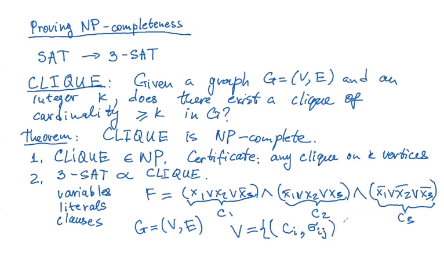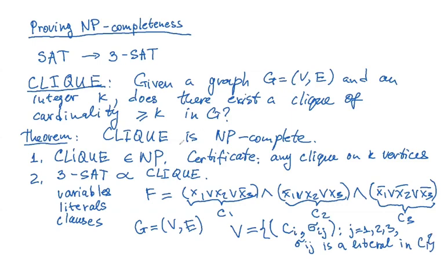And what are the sigmas? First of all, j goes between 1 and 3, right? So j is 1, 2, 3. And sigma ij is a literal in the clause Ci. All right. So this is how we define the vertices.